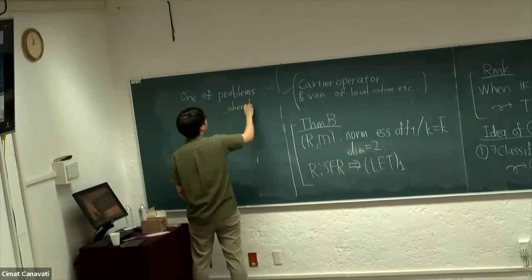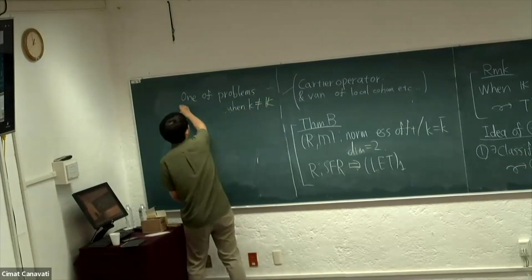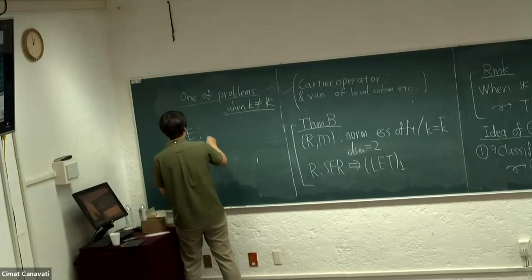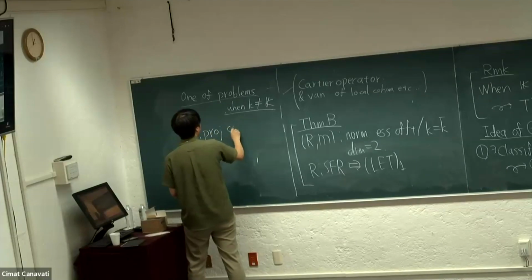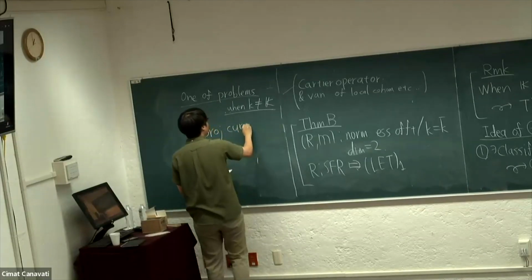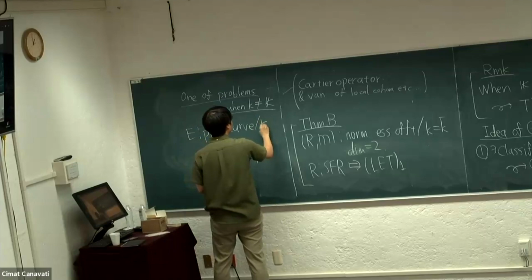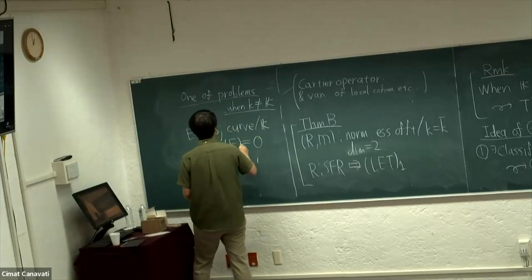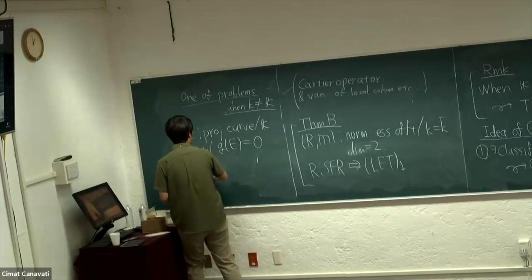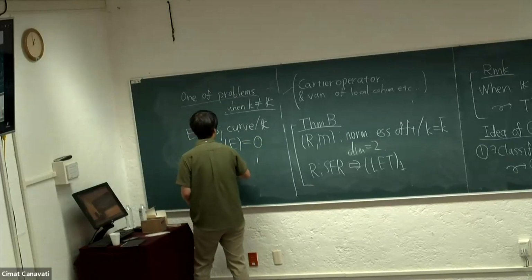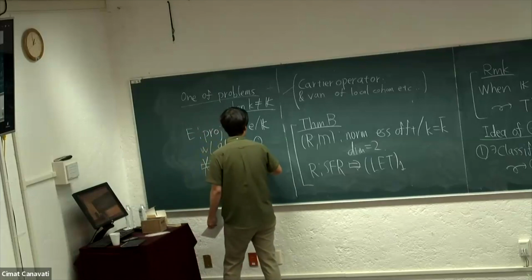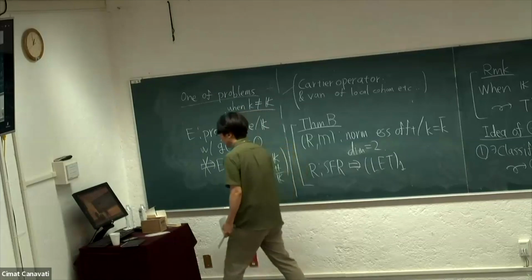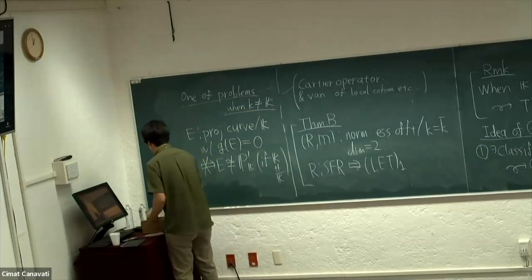In the above idea, we use that the curve of genus 0 is P1, but this is not true if kappa is not algebraically closed. This is the problem.